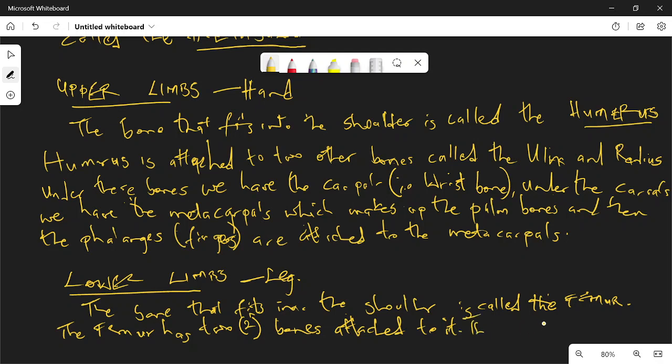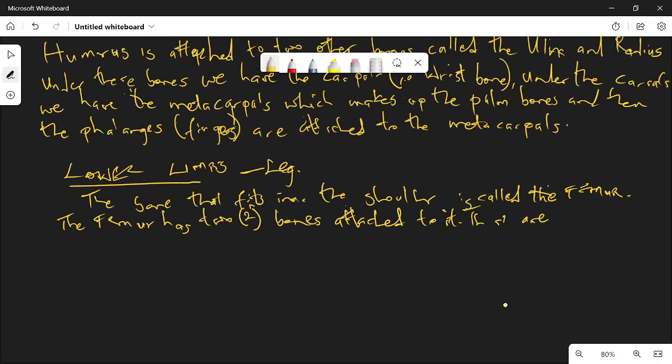These are, one, we have the tibia, and the second one is what?